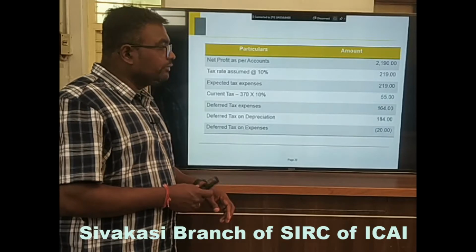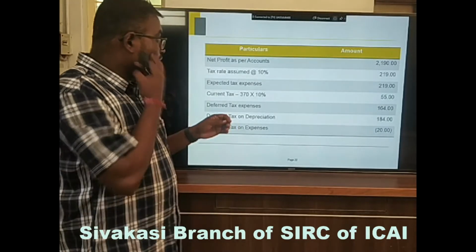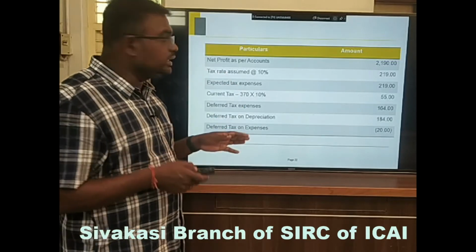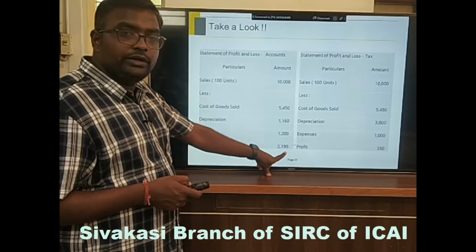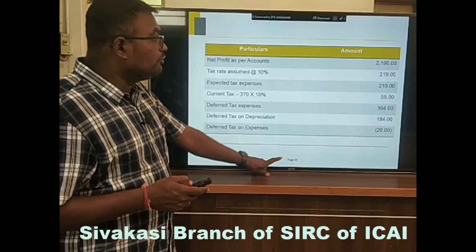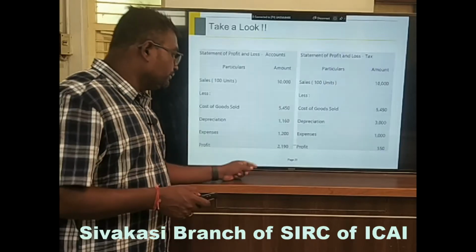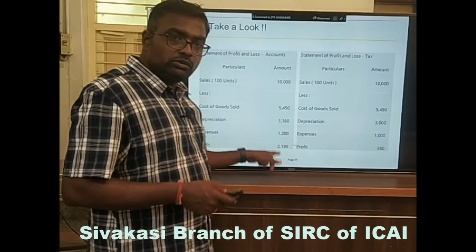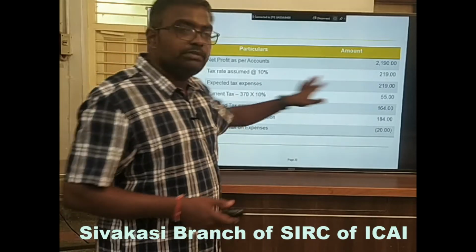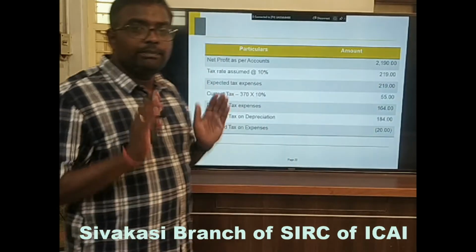So here I have given a reconciliation. As per accounts, there should be a matching concept. My profit is 2190. The standard says I don't care what your P&L says, there should be a matching concept. The tax rate is 10%, so you should have 219 rupees in the P&L.